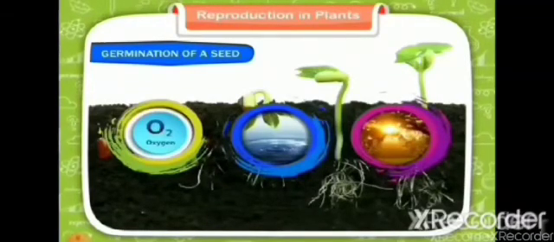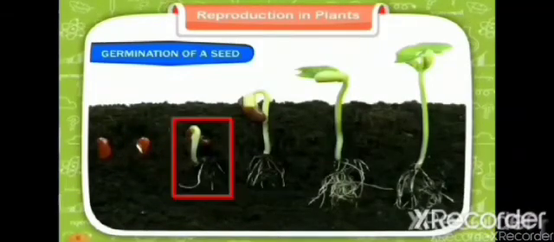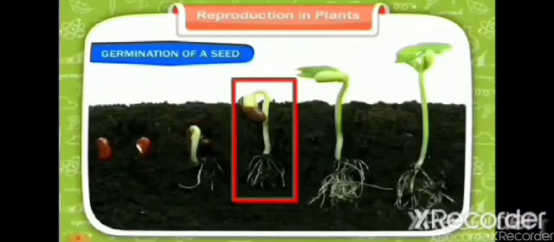The process of growing a plant from a seedling is termed as germination, as you can see in the picture. The process of germination from a seedling to a new plant. The process is called germination of a seed.